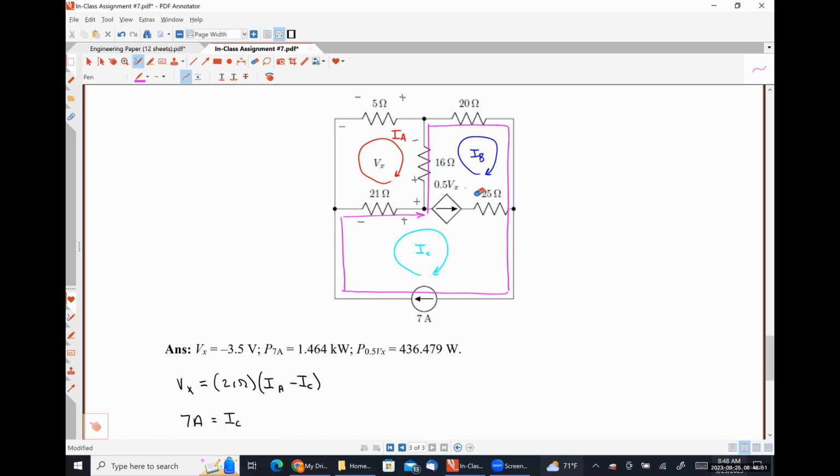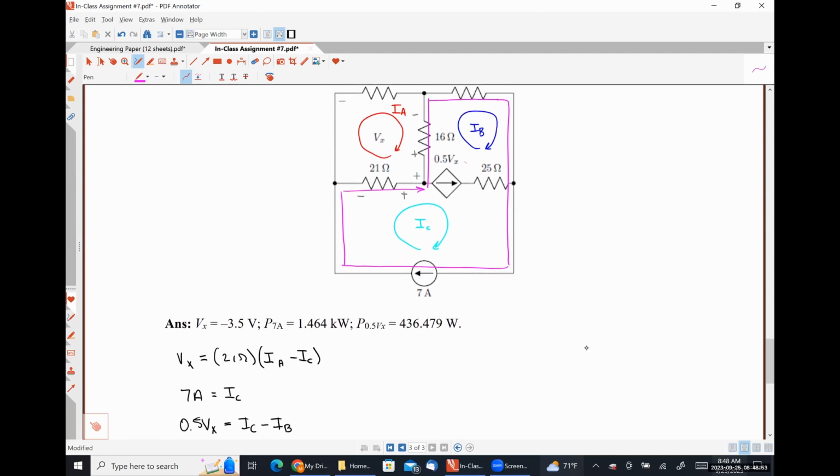So we presently have 3 equations and we have 4 unknowns, our 3 mesh currents as well as the voltage Vx. So where's our last equation going to come from? Mesh A, absolutely right.